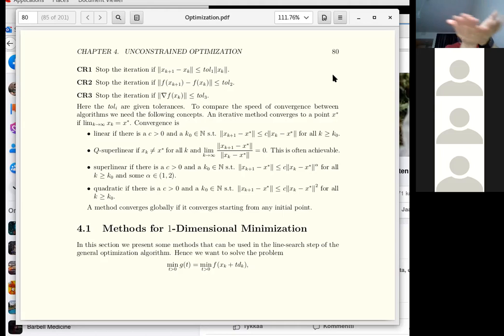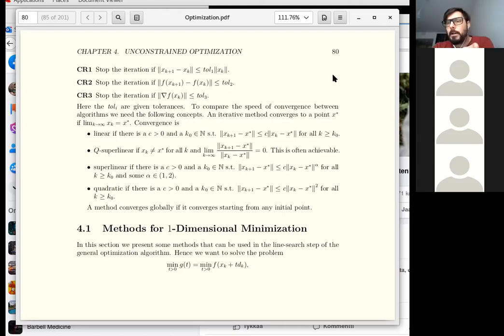I'll show you later an example of this, a banana function. There's a banana-shaped valley, and the bottom of the valley is somewhere along the edge of the banana. If you're moving at the very bottom of that valley, then the function no longer changes that much.